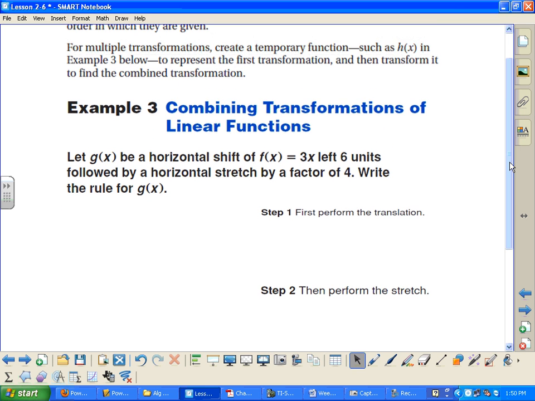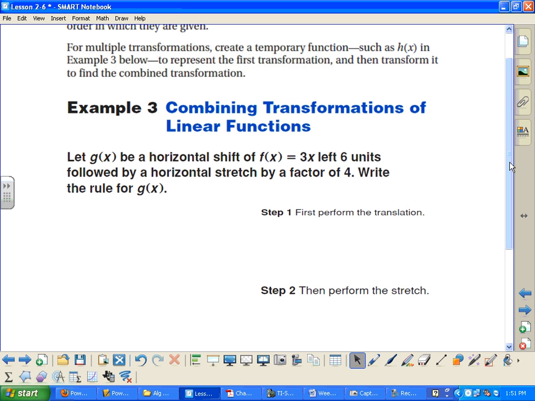For multiple transformations, create a temporary function such as h of x in example 3 below to represent the first transformation and then transform it to find the combined transformation. So here they said let g of x be a horizontal shift of the function f of x equals 3x, left 6 units, followed by a horizontal stretch by a factor of 4. And write the rule for g of x.